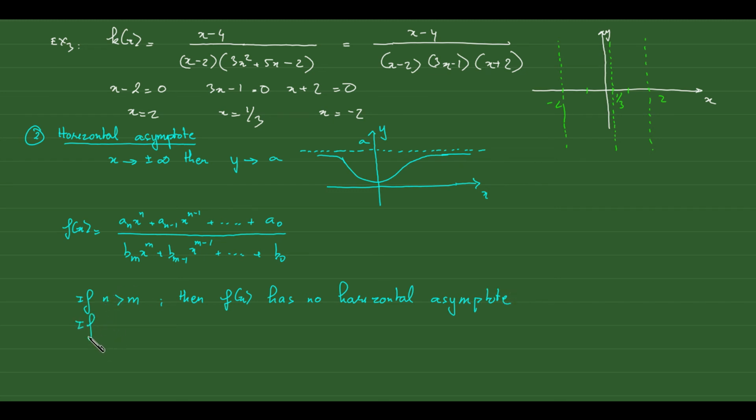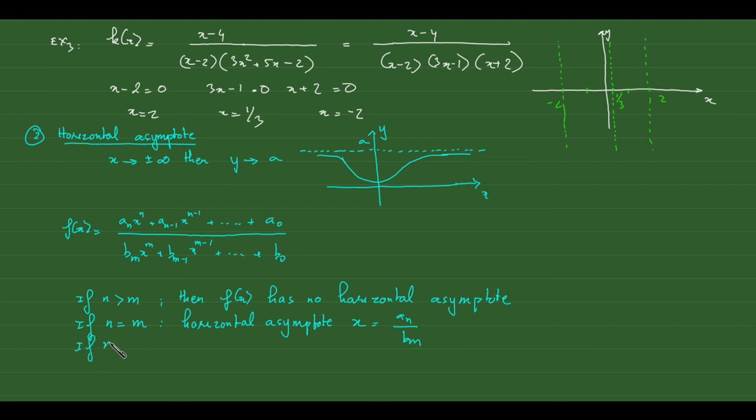If n equals m, then the horizontal asymptote will be y equals a_n over b_m.